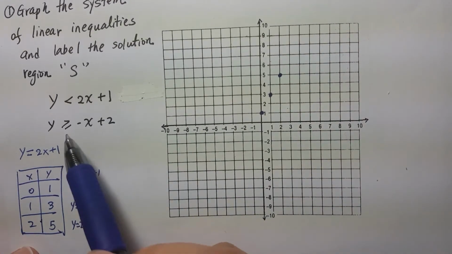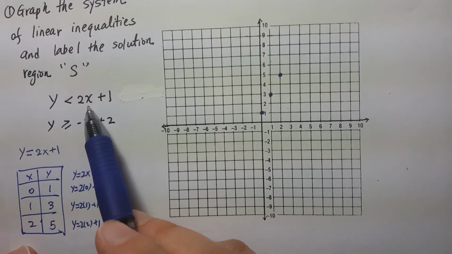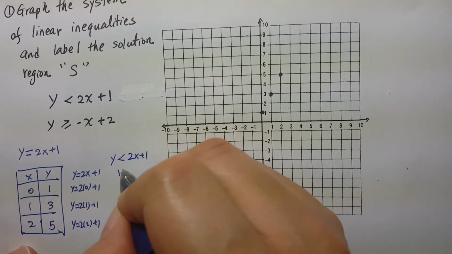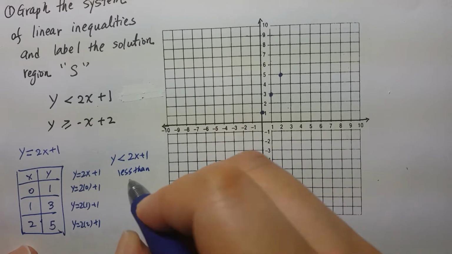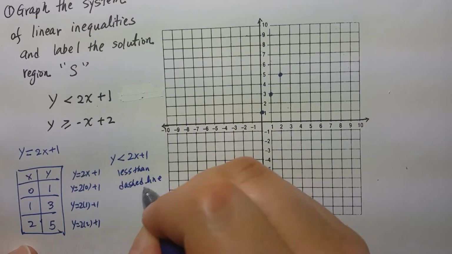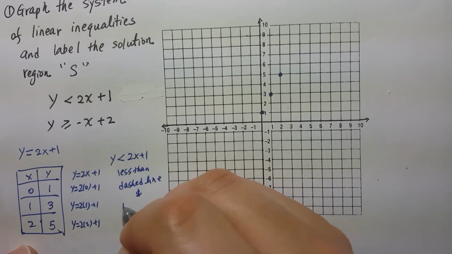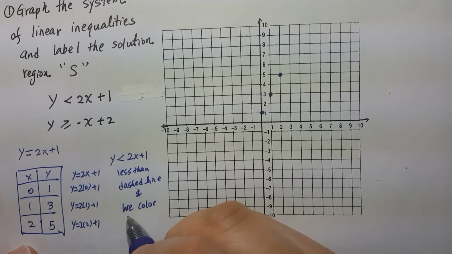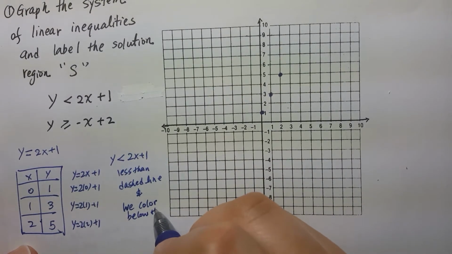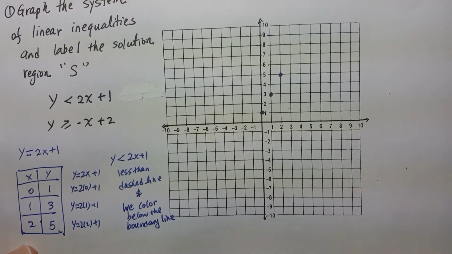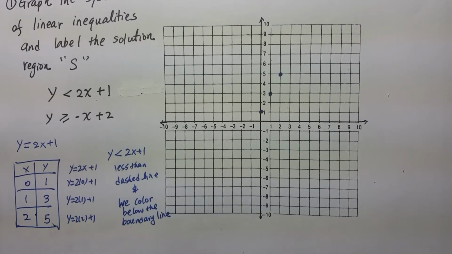So now let's take a look at here. We get y is less than 2x plus 1. So less than, so we're going to use the dashed line, and we are going to color below the boundary line. So now we are going to draw the dashed line.